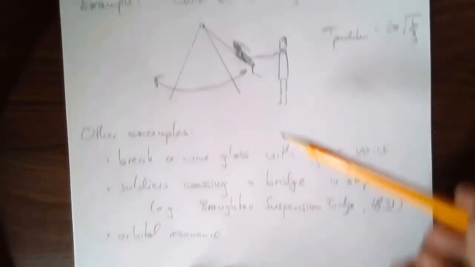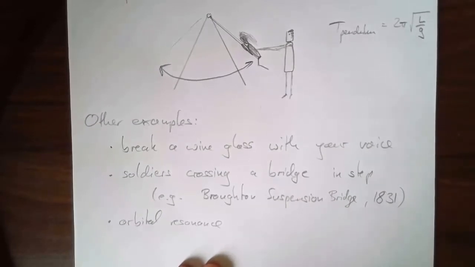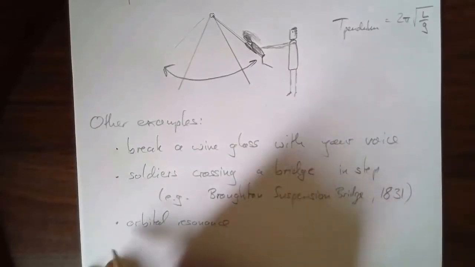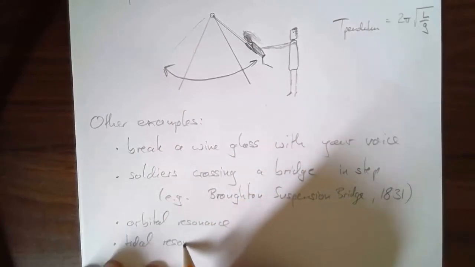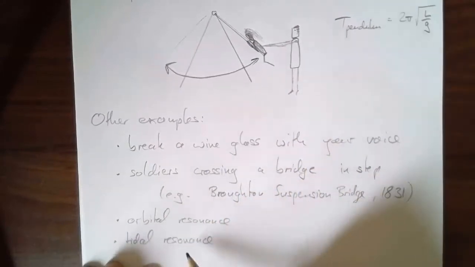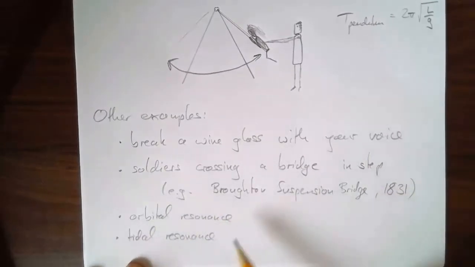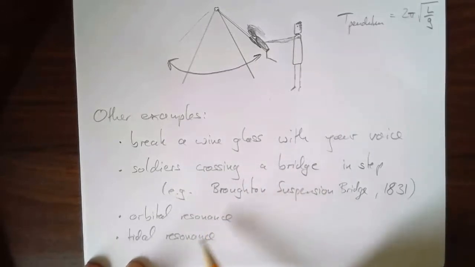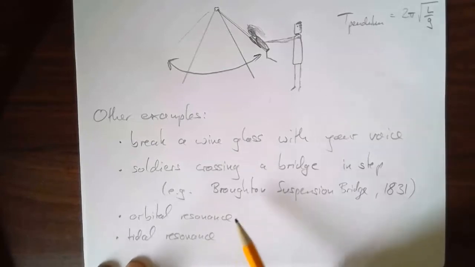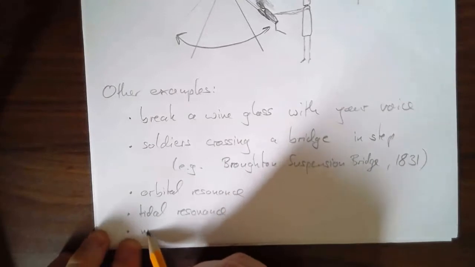It's a much more complicated system than a swing, but the fundamental idea is the same. There's also tidal resonance, where tides can build up, say due to the gravity of the moon. Some of those relate to a very similar phenomenon called standing waves that we're going to come to very shortly.